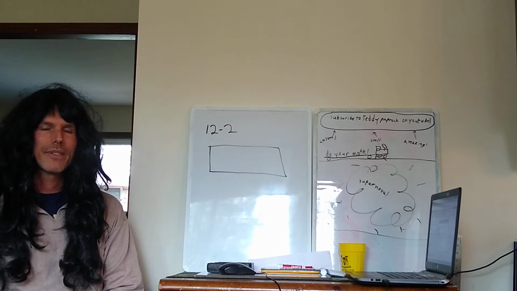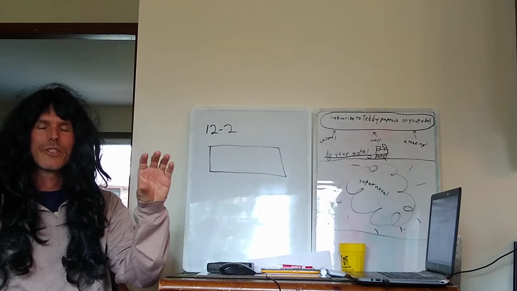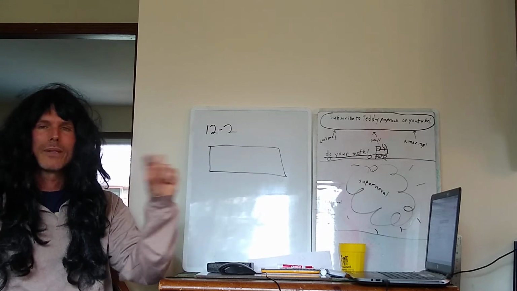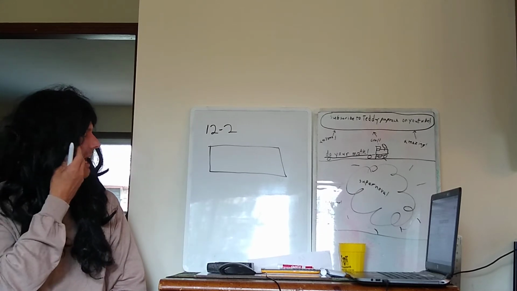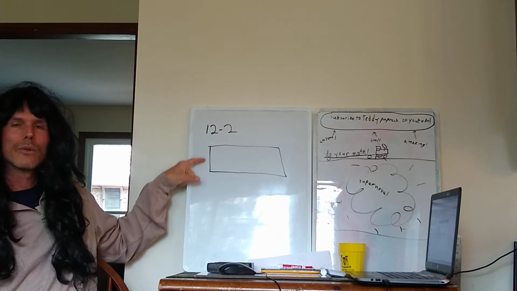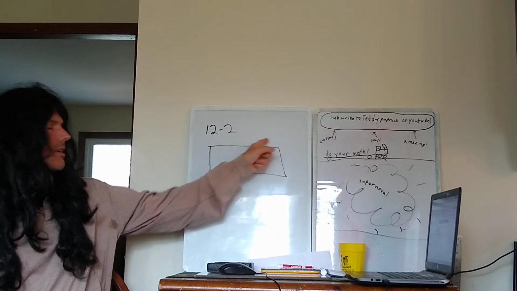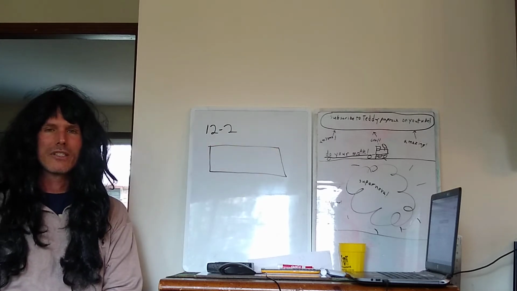Remember with the chi-square goodness of fit test, you had a row of cells, just a 1x3 or a 1x4 row. With a two-way table, you're going to have at least two categories along this side and at least two categories along this side, but you can have as many as you want.